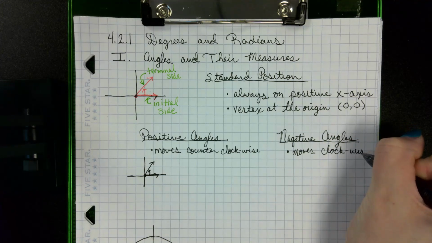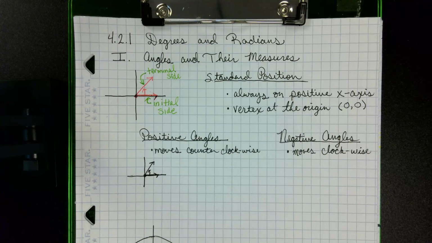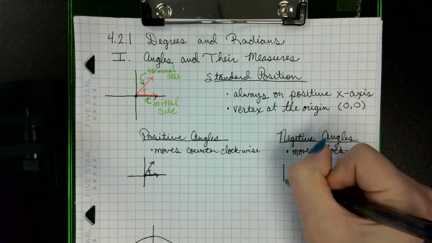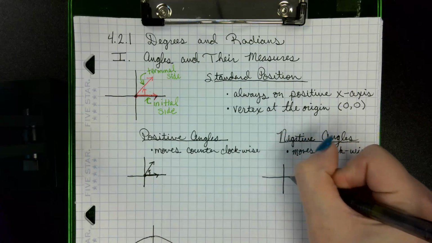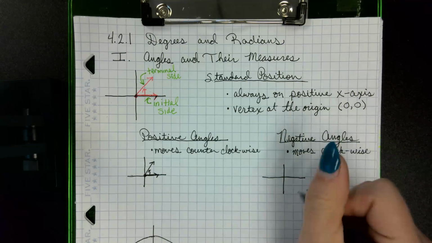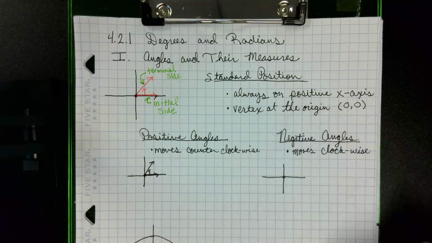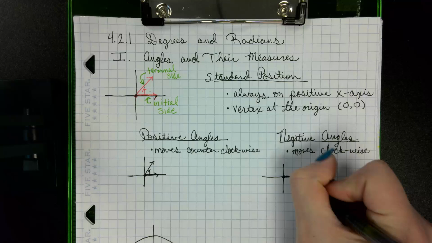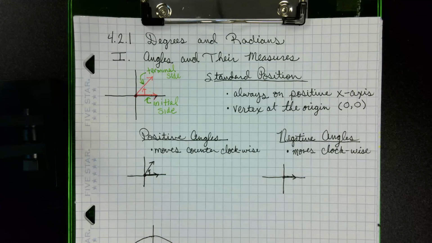So if the rotation is in the same direction that hands on the clock move, then it is negative. Again, I'm just sketching an acute angle, but it could terminate in any quadrant. It is in standard position. Vertex is on the origin. The initial side is on the positive x-axis.